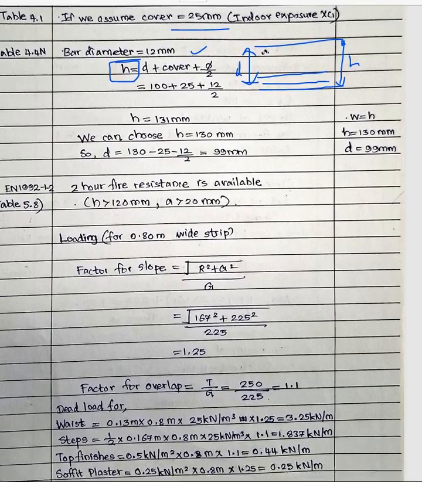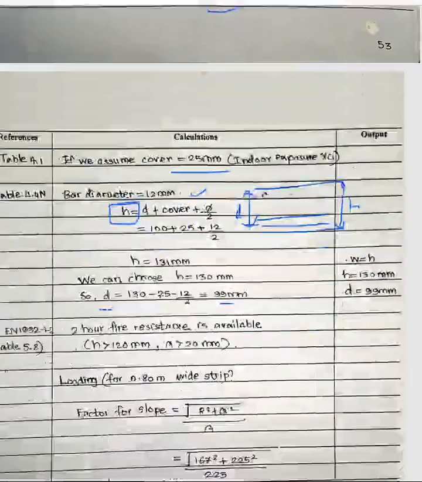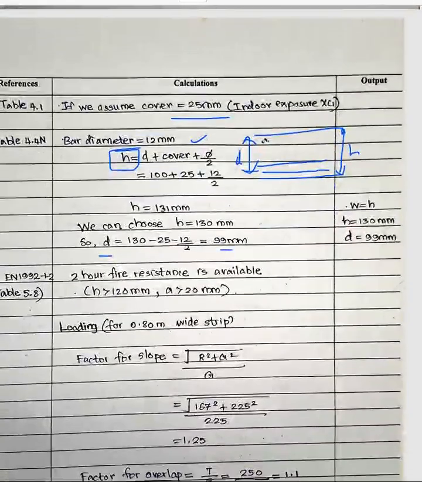According to this waist thickness, the effective depth is 99 millimeter. I already found 100 millimeter as the effective depth, so these are nearly equal values. So our span over depth ratio is correct.